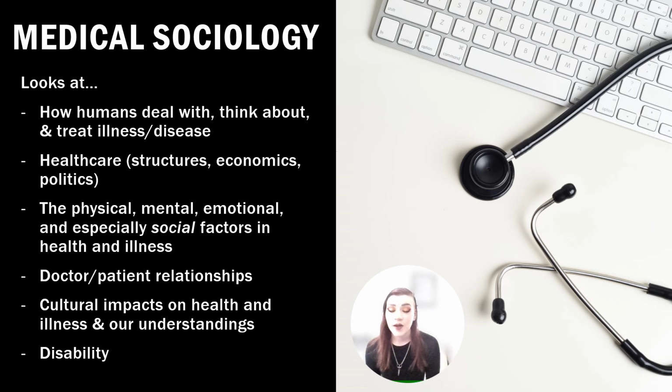We also, as medical sociologists, look at doctor-patient relationships and how those interpersonal relationships can play out depending on a whole lot of social and cultural factors. We'll also look at cultural impacts on health and illness, how different cultures, places, areas, time periods, how we all understand these concepts. And we'll spend quite a bit of time discussing disability and disability studies topics as well.